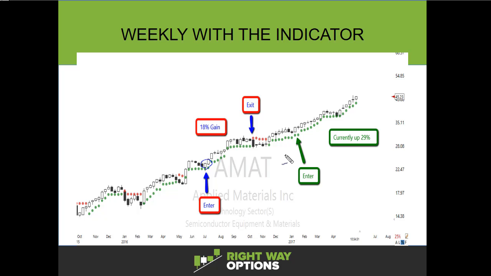Had you entered this trade, here's my suggestion again: red turns to green, wait for the lower risk entry buy signal. Now why do I want to do that? Well, this is part of the rules of this trade or this indicator. If you've been struggling as a trader, if your win-loss ratio is suffering, to improve that, wait for the higher probability trade.